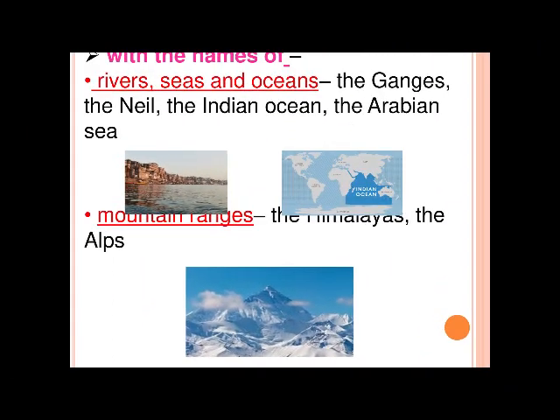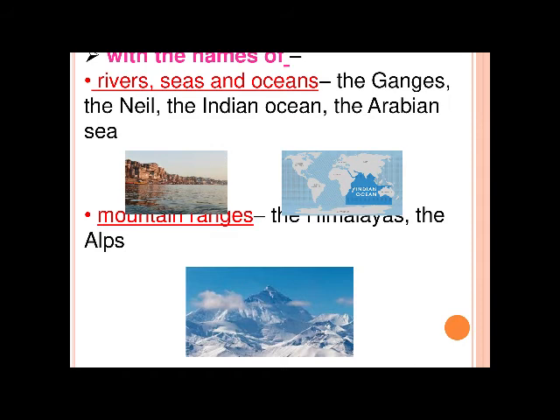Now let's move on to with what names the is used. There are some proper nouns with which we use the, like with the names of rivers, seas, and oceans, like the Ganges, the Nile, the Indian Ocean, the Arabian Sea. These are the names of rivers, seas, or oceans.